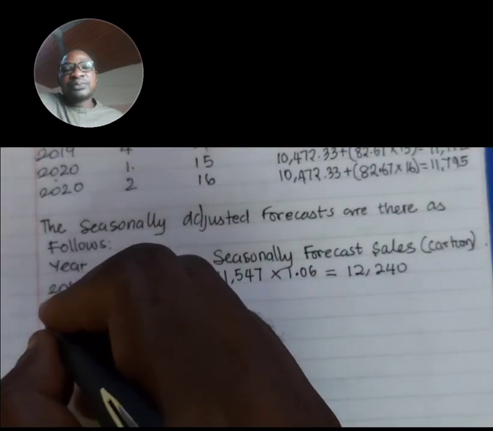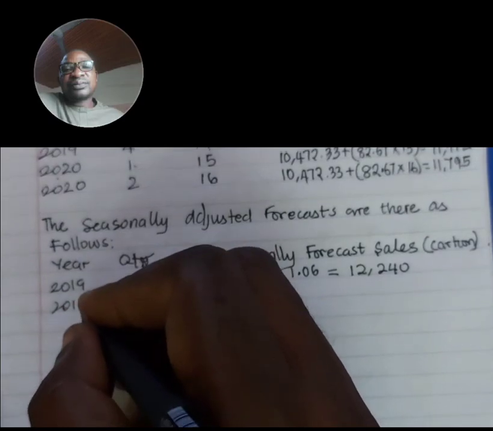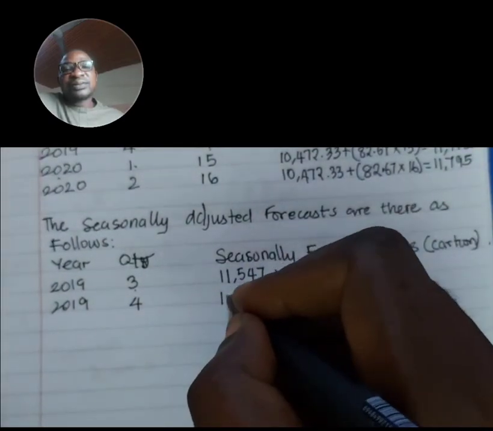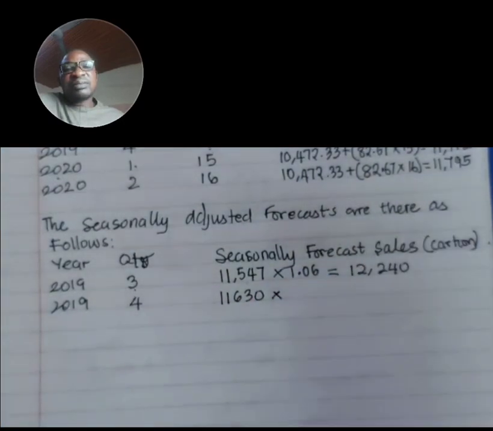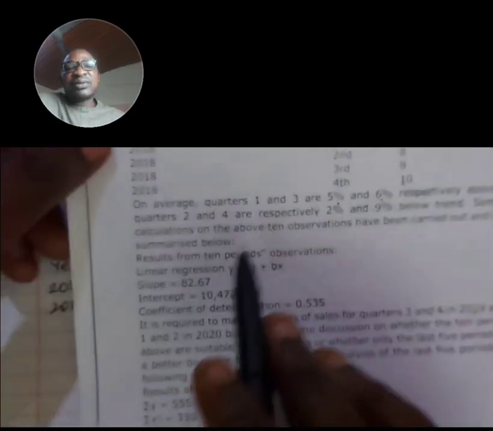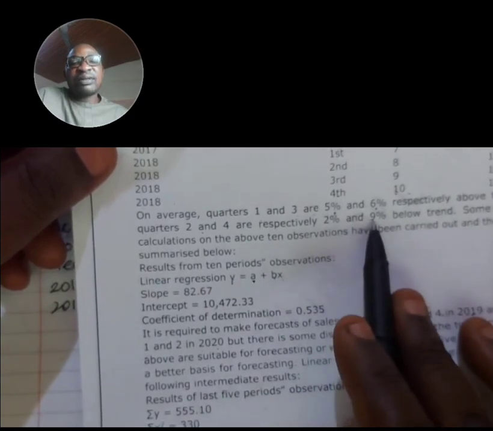Now for 2019 quarter 4, the trend is 11,630. Then you multiply this. For quarter 4, quarter 4 is below the trend.